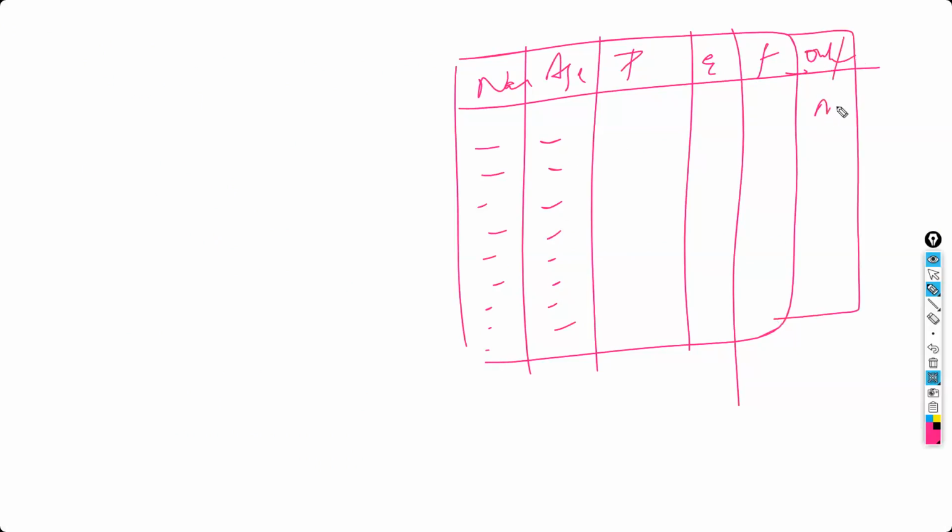I'm having one Excel sheet like this, where it consists of name, age, phone number, email address of the person, and how much fees the person has paid along with online or offline student.